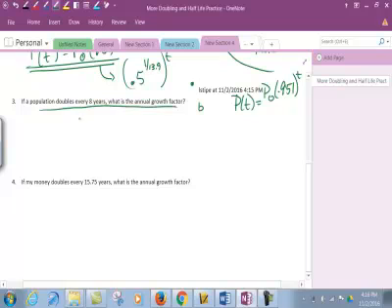If a population doubles every 8 years, then we immediately think that we have a function with an initial population. We multiply by 2 not every year, but every 8 years.